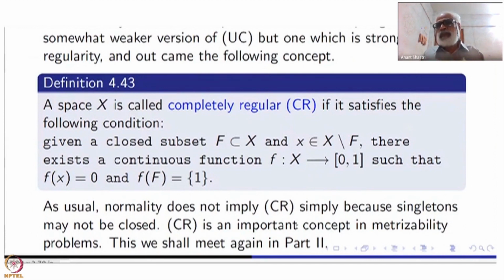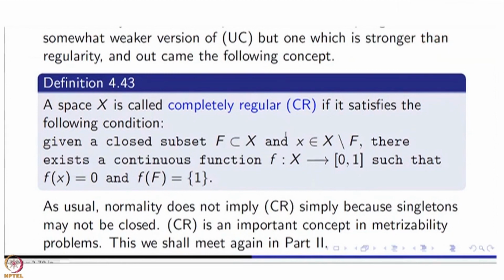He came up with what is so-called Urysohn's lemma now. So this complete regularity is important in the metrizability problem that will be discussed and taken up in part 2. So I'm just giving you a glimpse of that. Even if you forget it, it's okay.